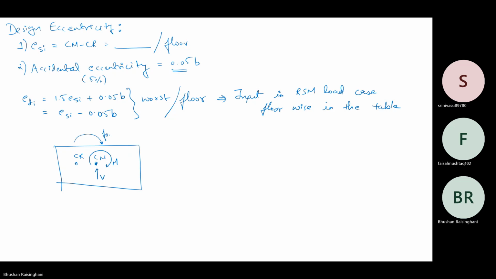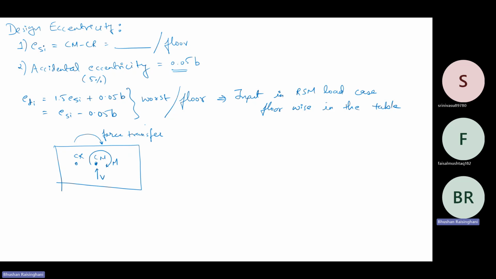So it is now acting on the CR, to which your force will. This is how we take it. If you shift the CM to CR position, then moment is not generated.